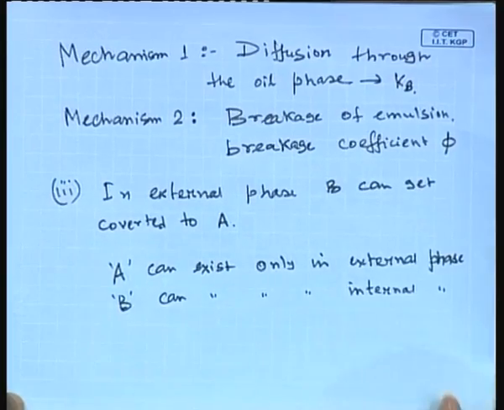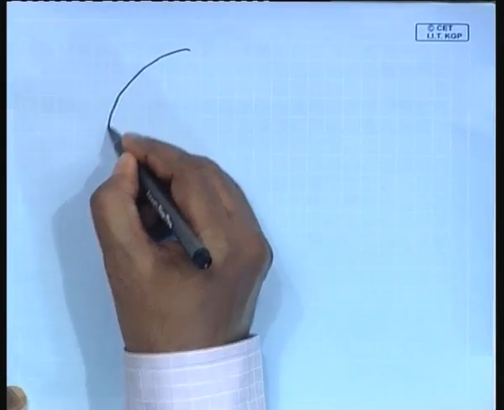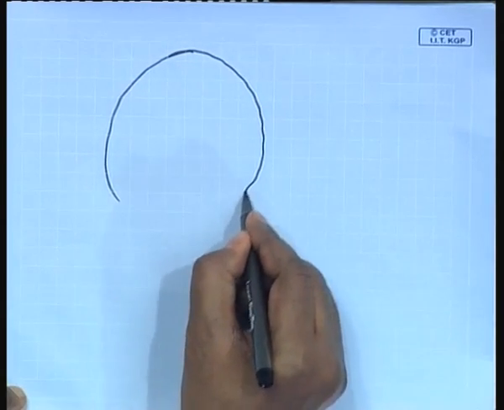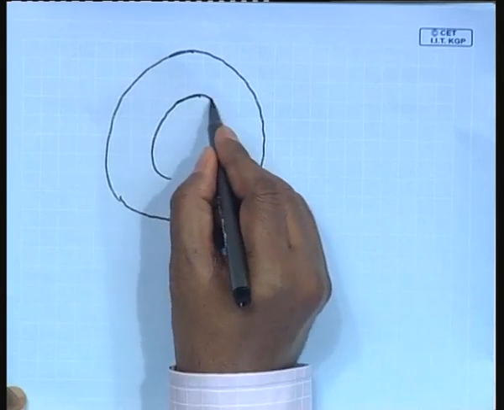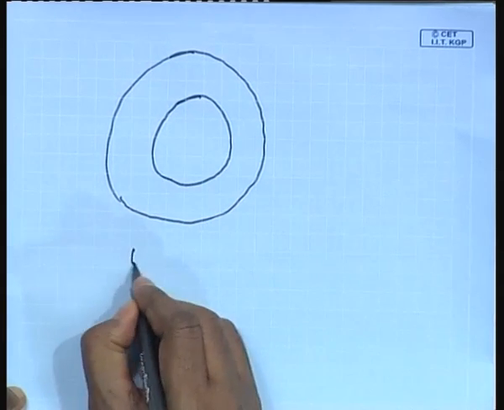So, this whole mechanism can be schematically represented by this. Suppose this is the liquid membrane, this is the emulsion droplet.